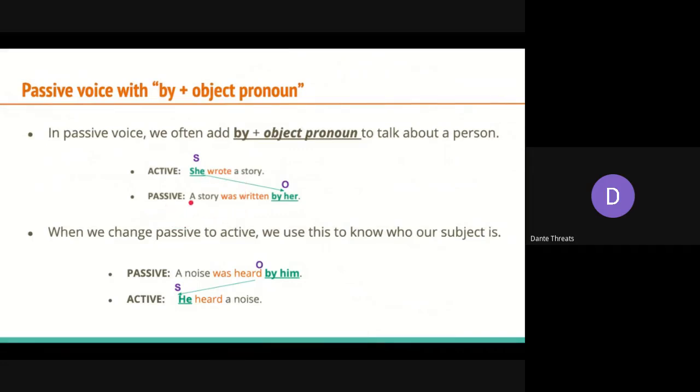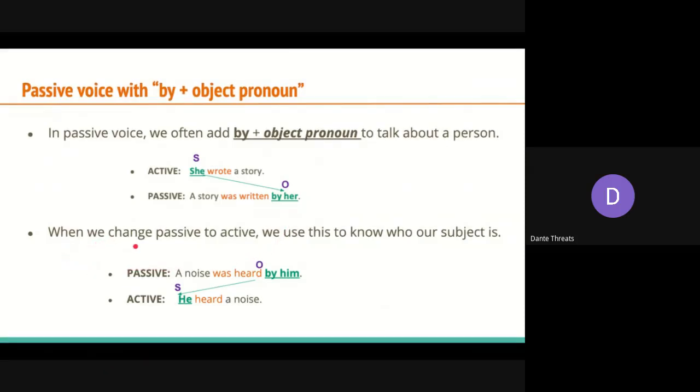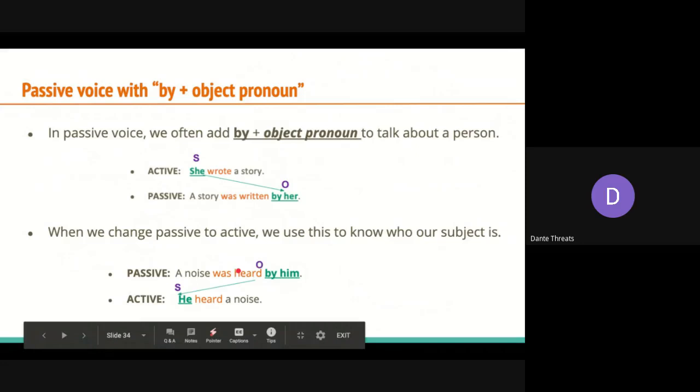Passive would be a story was written by her. When we change passive to active voice, we use this to know who our subject is. So a passive voice: was heard by him. Or in the active voice, he heard a noise.